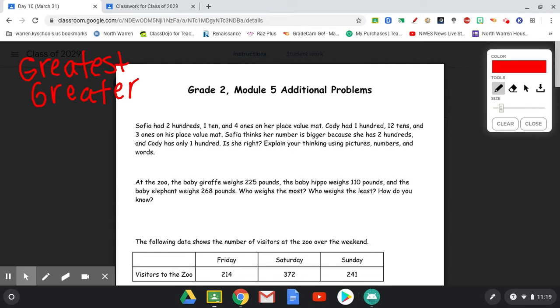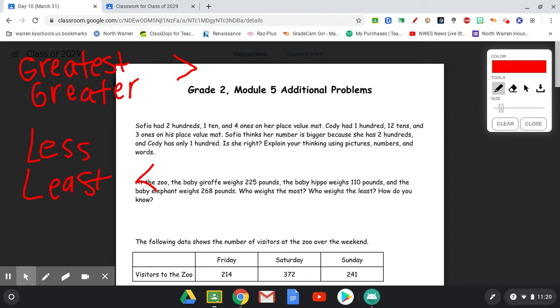The sign that shows if a number is greater than, or the greatest number, is going to be this sign right here, and that's located on your keyboard by the comma and the period. If you need to type something out, just know that it's there. The other terms that you might see are less than, least, and that sign is going to look like this.